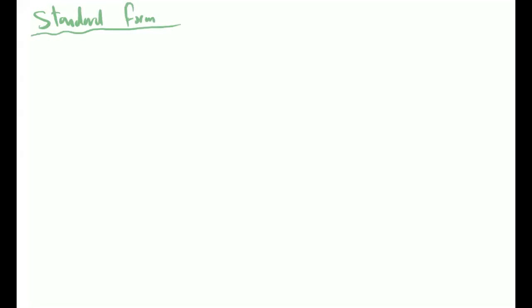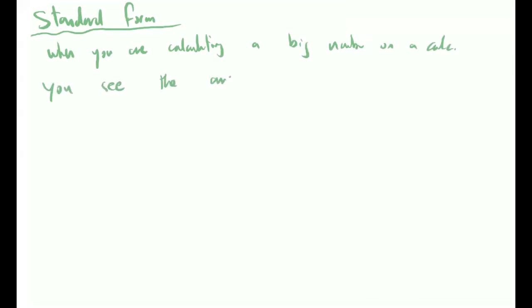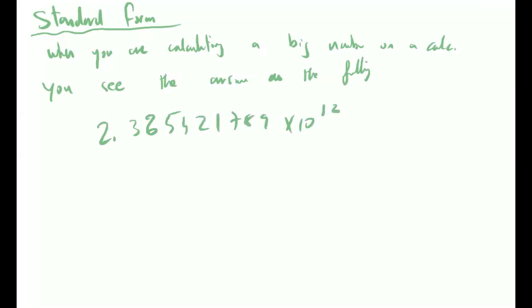Basically, whenever you do a calculation and you are calculating a big number on a calculator, you see the answer as the following: 2.36542178 times 10 power 12, right?